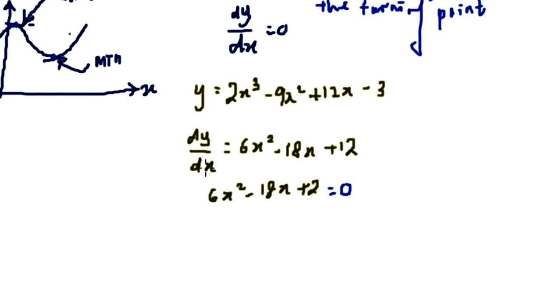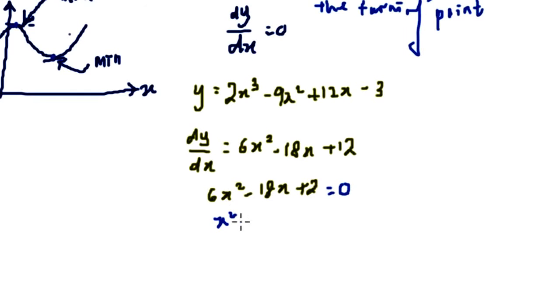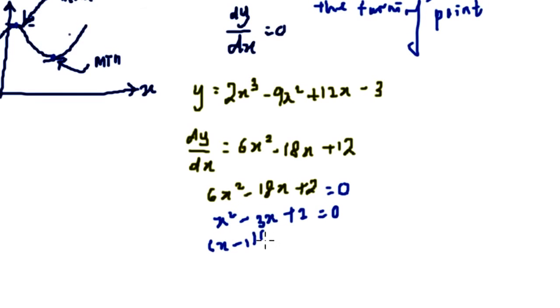You know that dy over dx is 0, so the differentiation of y is 0. Using factorization as usual, but first simplify this equation, you will get x minus 1, x minus 2 is equal to 0.